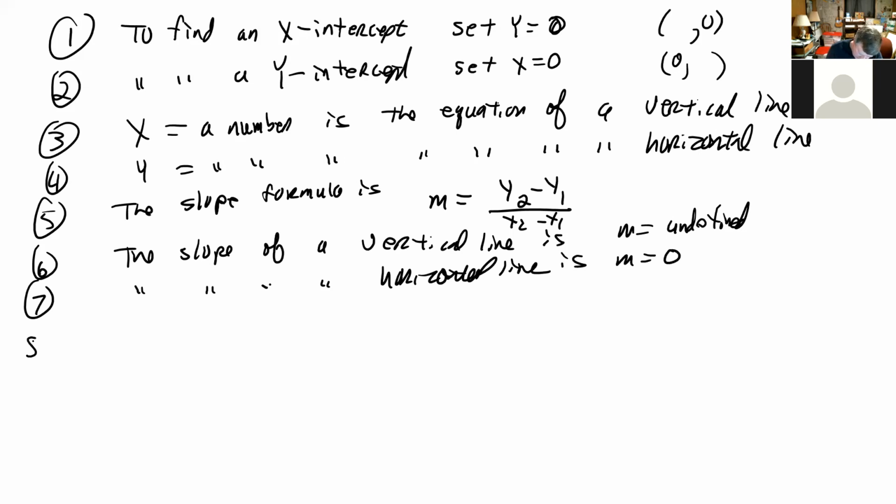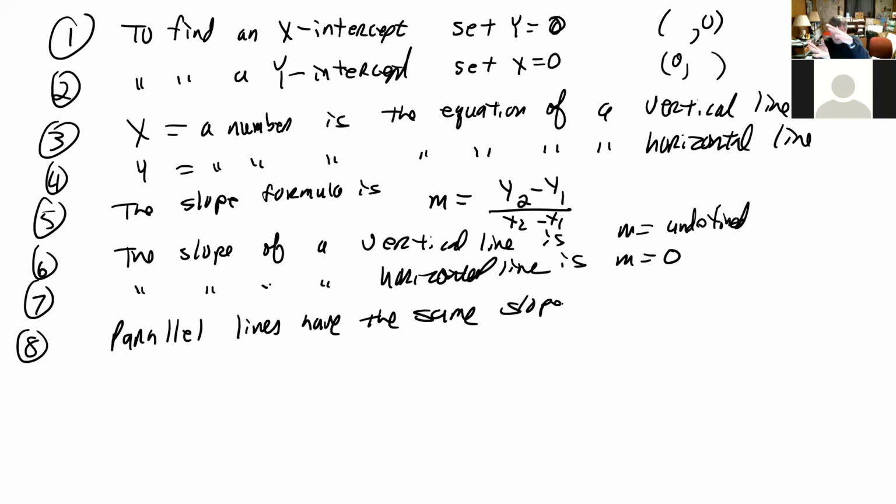Let's see. 8, parallel lines have the same slope. So if line 1 and line 2 are parallel, then the slope of line 1 is equal to the slope of line 2. Also, if you have two lines with the same slopes, then they're parallel, unless it's the same line. But anyway, that comes up later.